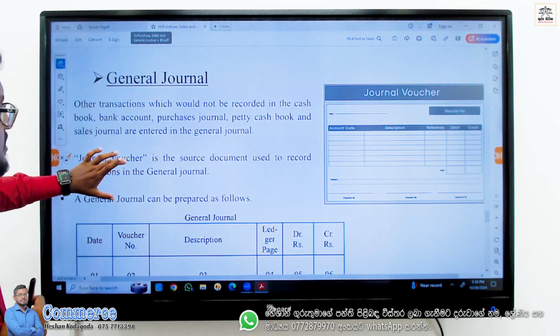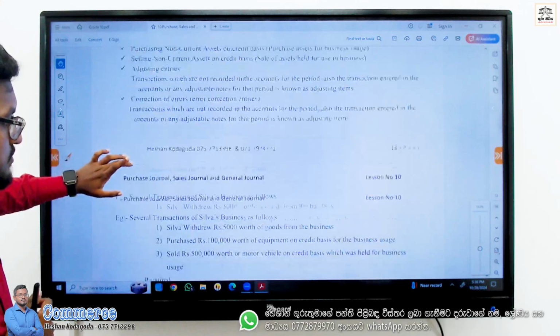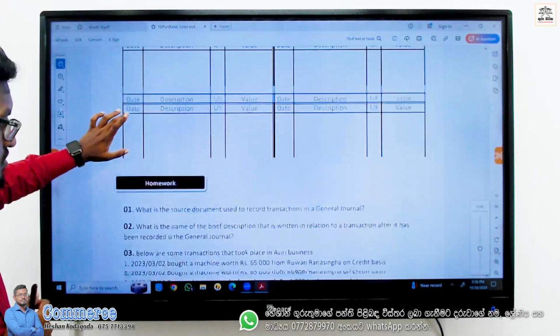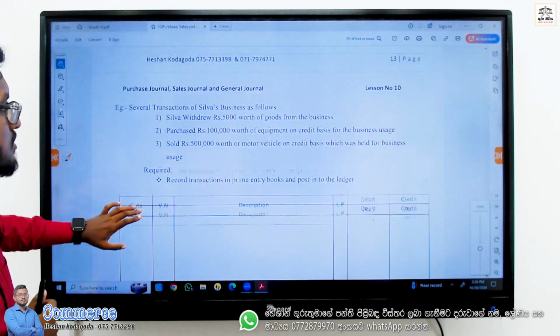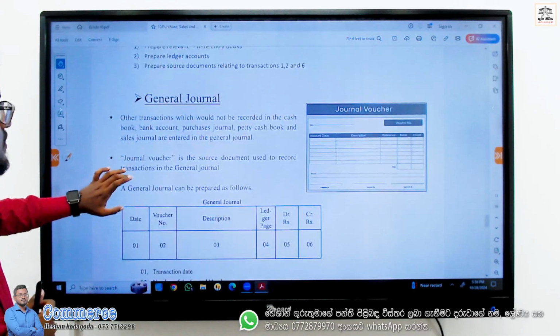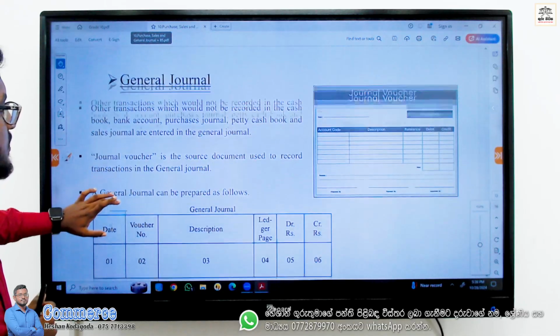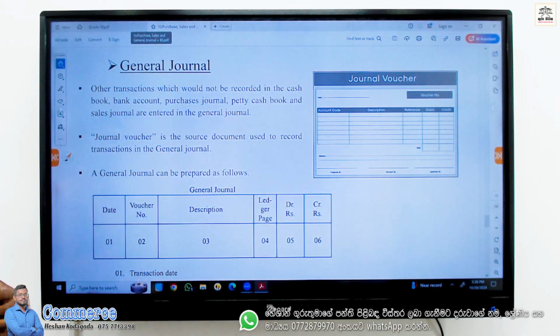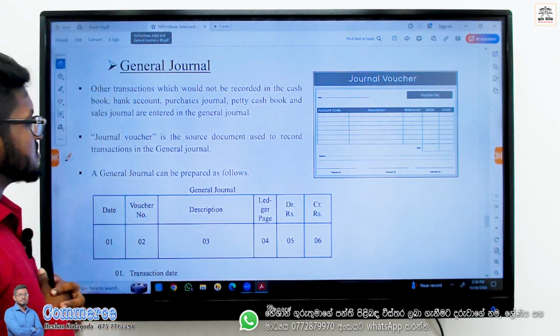Let's come to the general journal. Okay, guys, hurry up. General journal. Right? You can see other transactions which would not be recorded in the cash book, bank account and purchase journal. Petty cash book and the sales journal are recorded in the general journal.